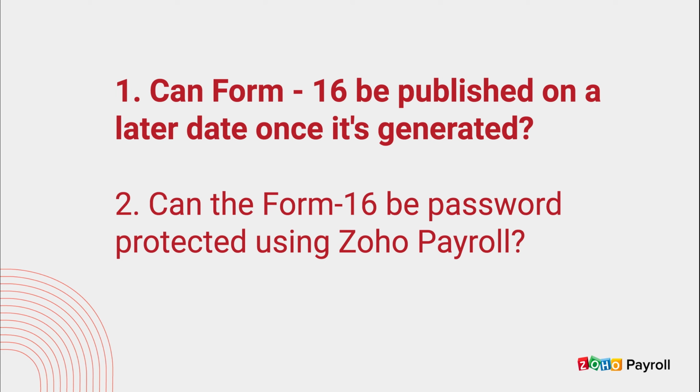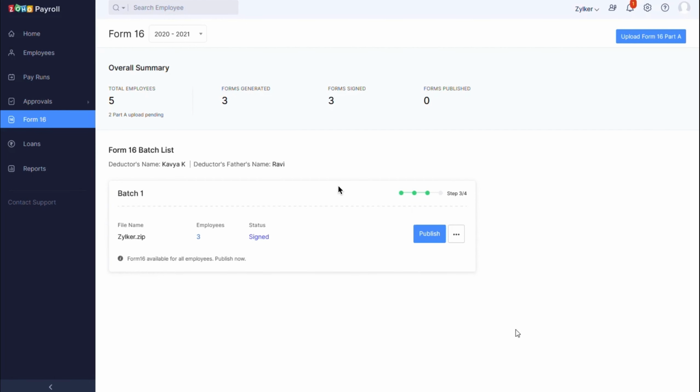Can Form 16 be published on a later date once it's generated? If you want to publish Form 16 on a later date after it is generated, leave the signed form as such in the Form 16 tab. Click Publish whenever you want your employees to receive them.